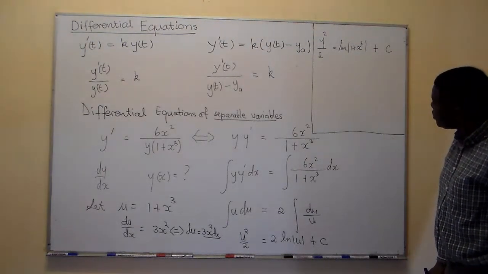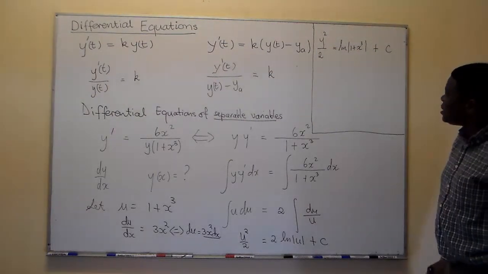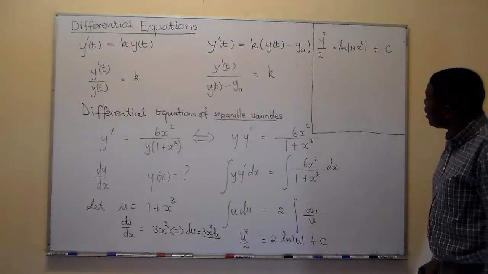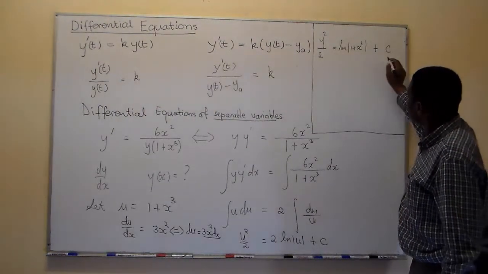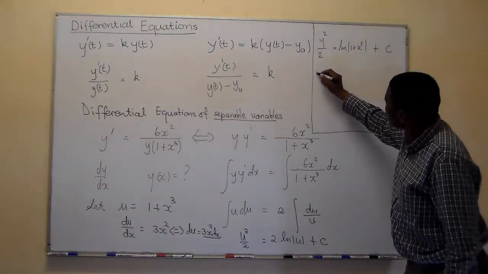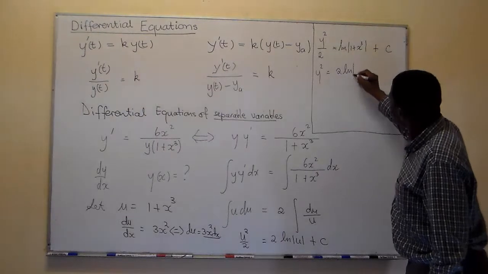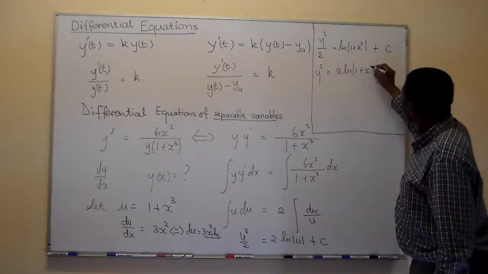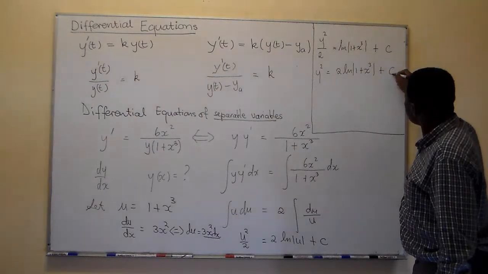The only thing we can now do is maybe to leave y as the subject and write it as an explicit function by first of all multiplying both sides by 2, then you get y squared equals to 2 ln of 1 plus x cubed plus c.